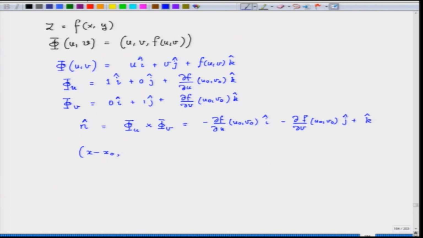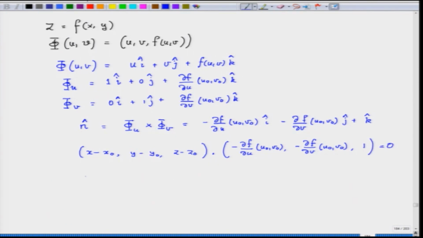My tangent plane should be given by the dot product with minus del f del u at u naught v naught, minus del f del v at u naught v naught, and 1, and that should give me 0, they should be orthogonal.